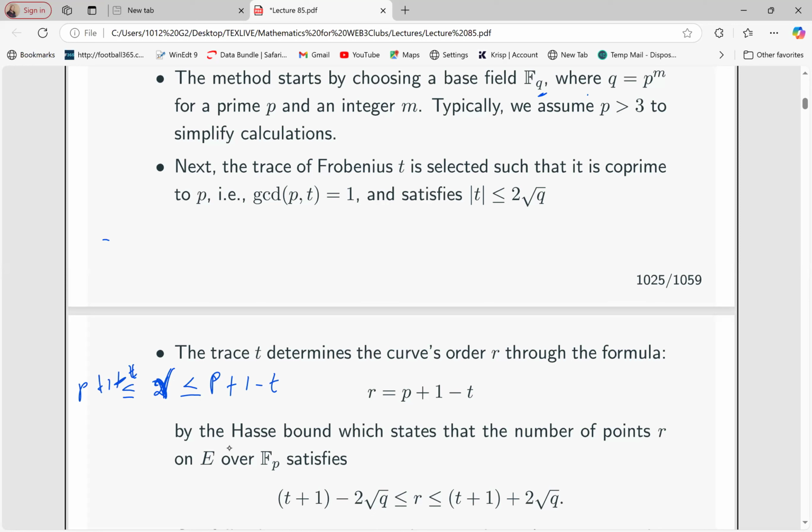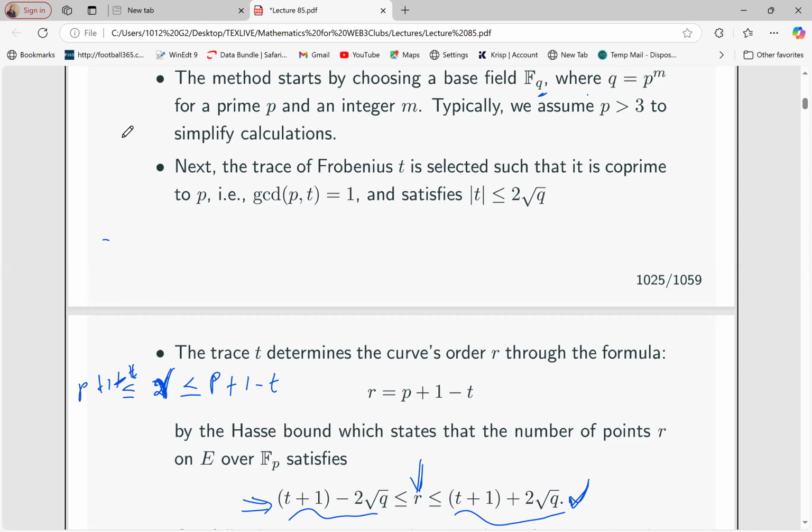So it must be in that range, but it's written here properly. This is the Hasse bound.